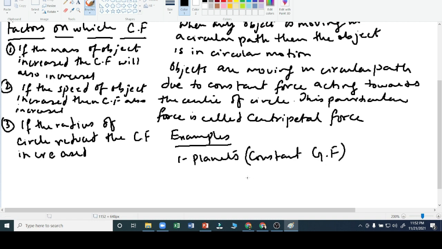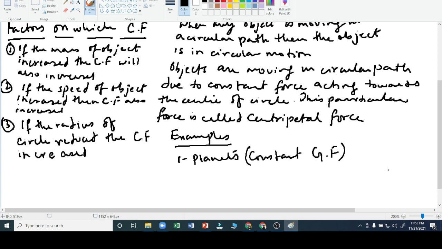It's not a girlfriend, it's a gravitational force. The force between the planet and the sun is a constant gravitational force, and it is acting towards the sun.